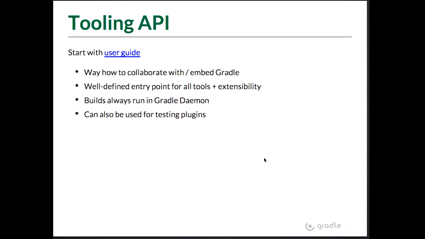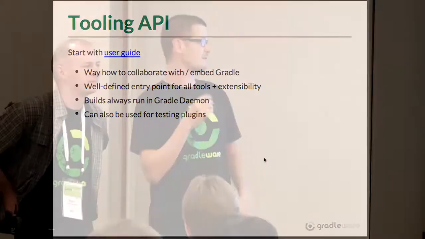Sure. I want to say a few words about why, historically, tooling API is architected this way. We decided that the tooling API should have this sort of client-server architecture, or more like a consumer-provider architecture, because back in the days when the first initial APIs in the tooling API were designed, we thought that it's not enough to just deliver interfaces that you can use to embed Gradle.